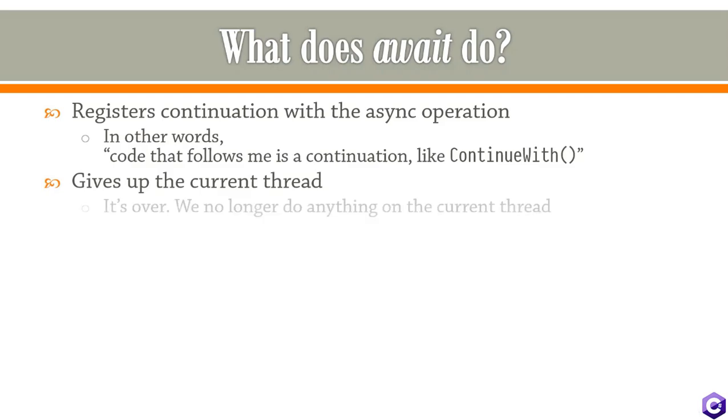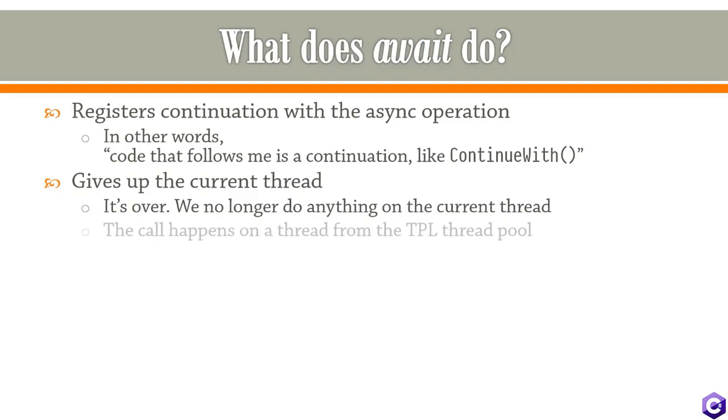It's basically over. We no longer do anything on the current thread, because even though the code looks like synchronous code, the await keyword makes sure that everything after it happens elsewhere, on the TPL thread pool. So the call to whatever we are awaiting is happening on a thread from the TPL thread pool. And then, of course, we check the synchronization context.